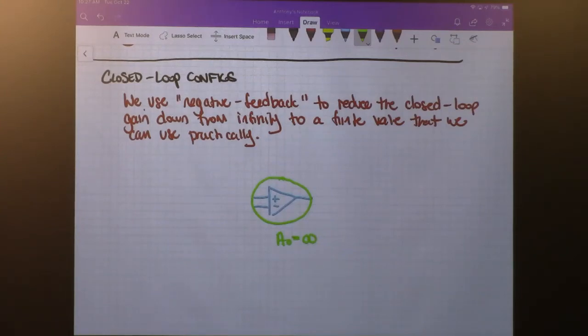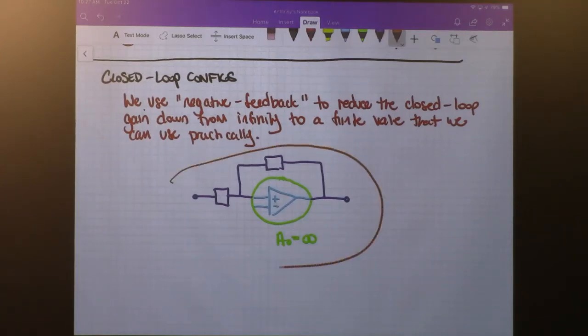What we do is place some other stuff around it, so that the bigger circle, for that, the gain, which I'll call A star or something like that, will be equal to a finite constant value.